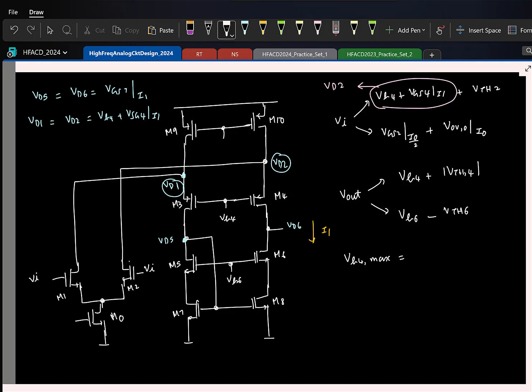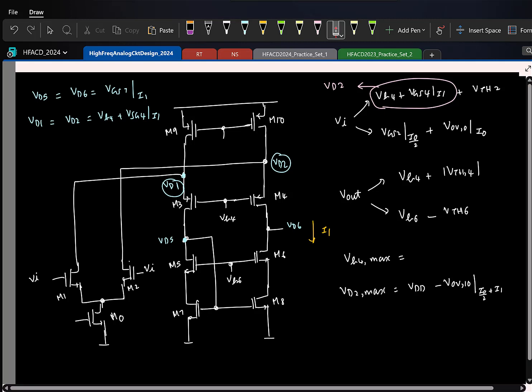The drain can go, I'll write VD2 max, is the supply minus the overdrive of M10 at a current of I0 by 2 plus I1. That is the maximum this guy can go.